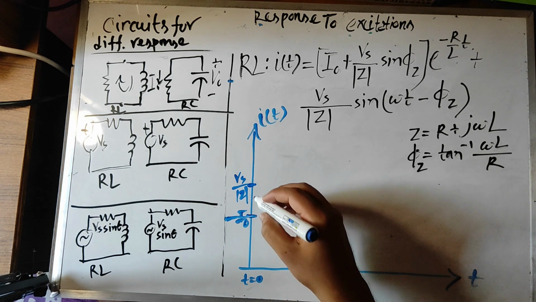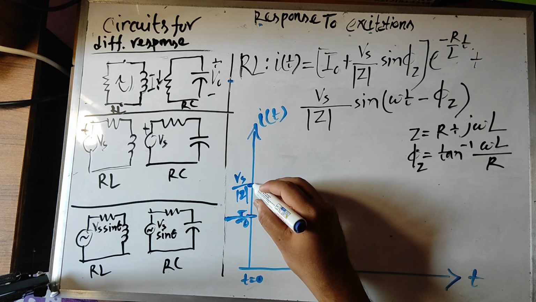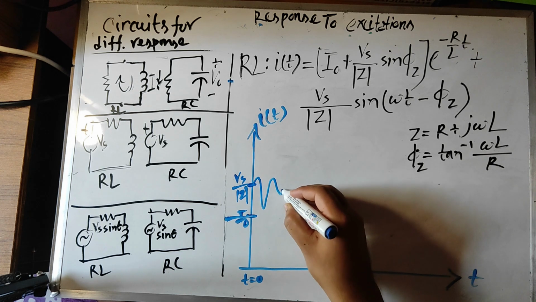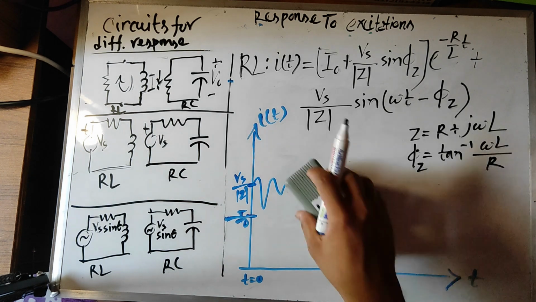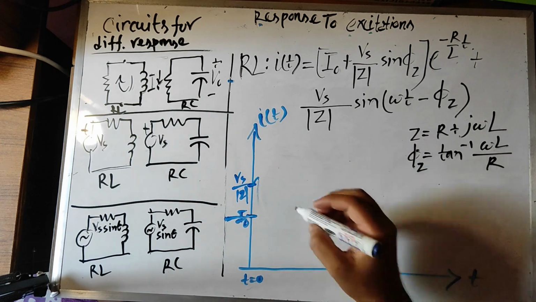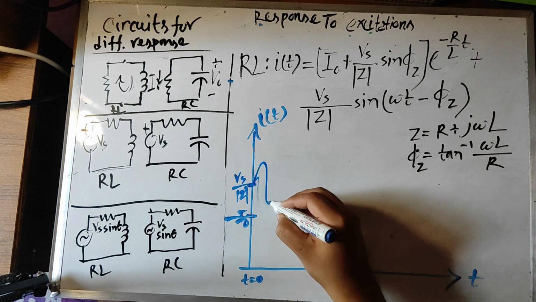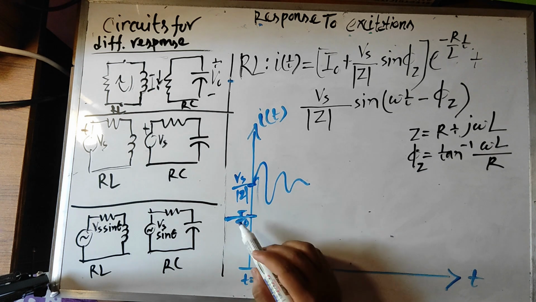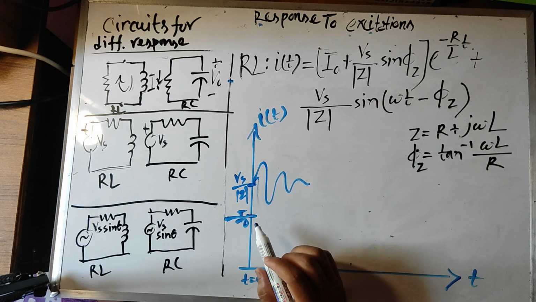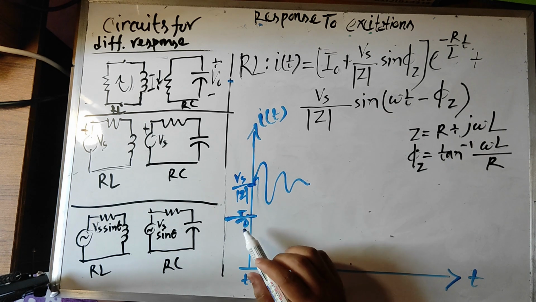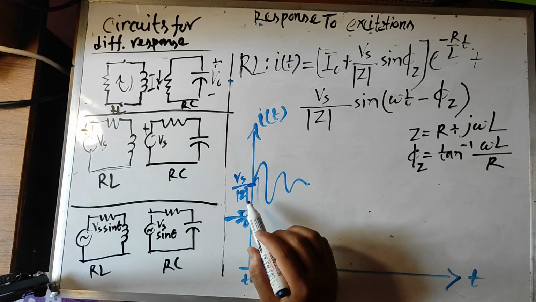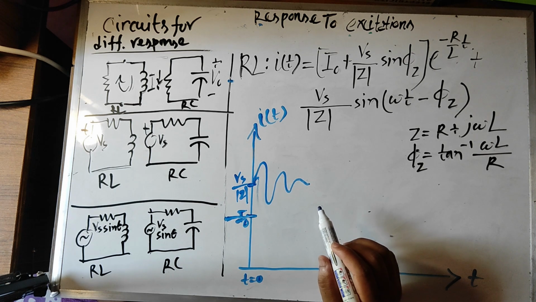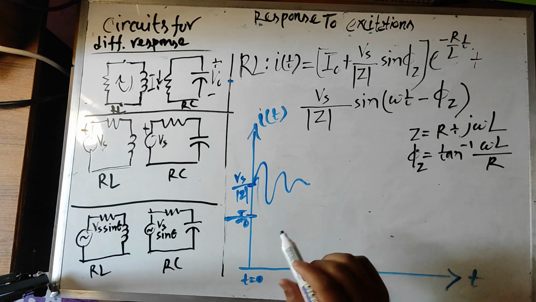These two are added. So the transient response is the initial current plus the impressed current with a sinusoidal term which is decaying.